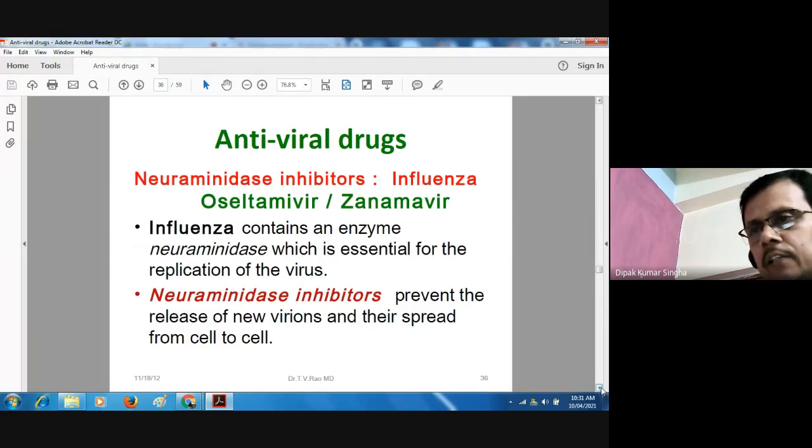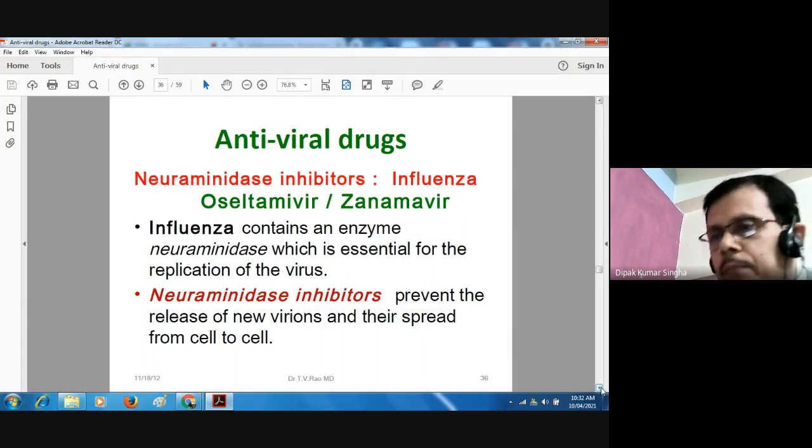Neuraminidase inhibitors for influenza, another drug is zanamivir. Influenza contains the enzyme neuraminidase, which is essential for replication of the virus. So these drugs, neuraminidase inhibitors, prevent the release of new virions, and their spread from cell to cell.